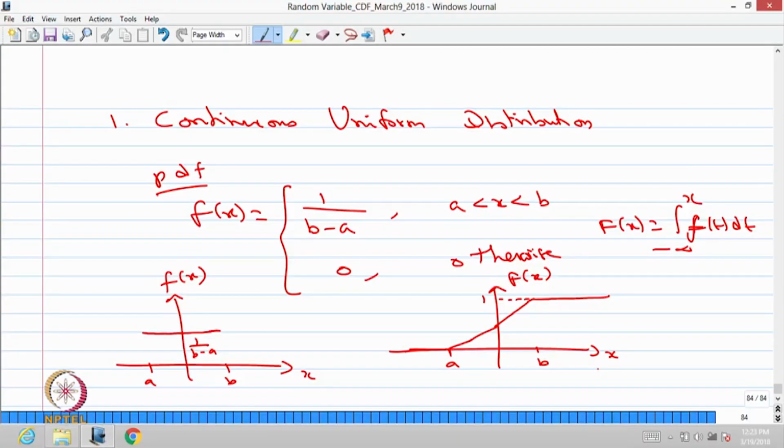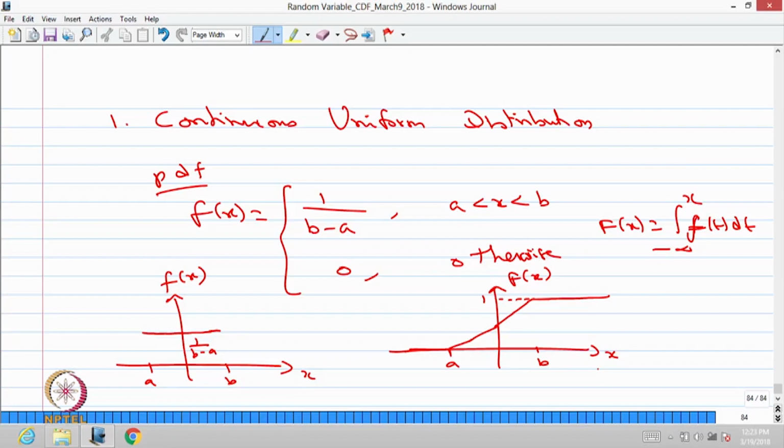The way I explained through the CDF and the probability mass function of a discrete type random variable, in the same way by seeing the CDF and the probability density function, one can conclude: if the data has a CDF that is 0 till some point, after that it is a slanting line, and at some point it becomes a constant value and then remains constant, you can normalize it, and if it is similar to the CDF of a continuous uniform, then one can conclude this data follows a continuous uniform distribution.